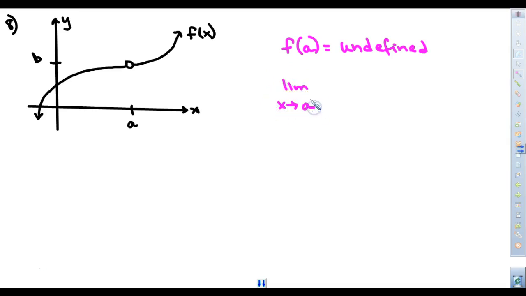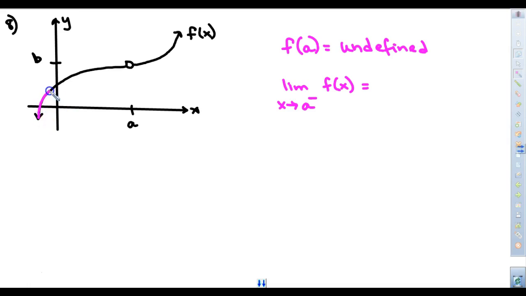Keep in mind now, a limit is a journey. It is not a destination. A limit is what is your y value approaching, not necessarily what is your y value going to actually get to. So you've got to be careful here, okay? So again, I'm going to come on the left side of a, and I'm going to trace this graph.